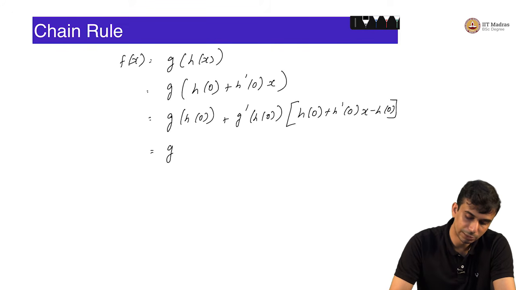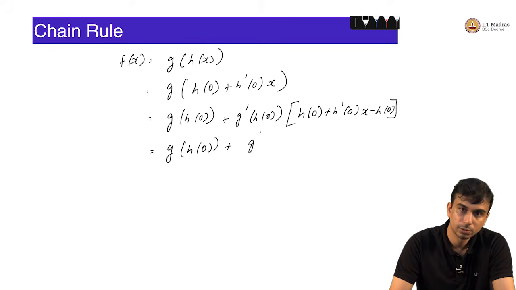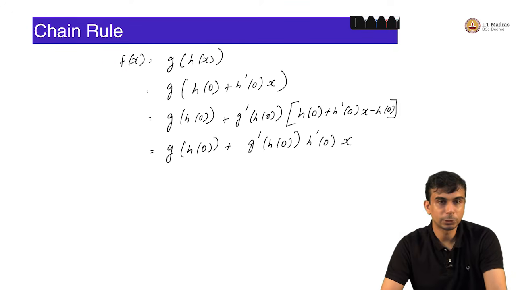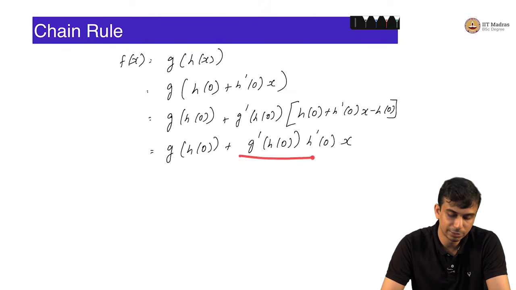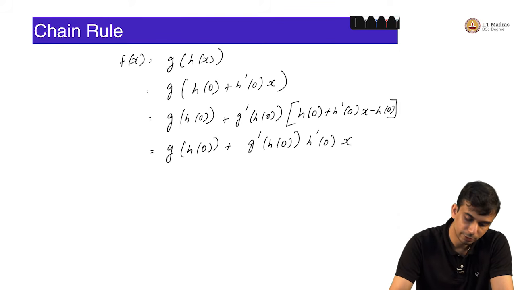So this essentially becomes g of h of 0 plus g dash of h of 0 into h dash of 0 x. But we know that the linear approximation of f is f of 0 plus f dash of 0 into x. So this is exactly equal to f of 0, and that means that this term must be equal to f dash of 0, by matching terms.